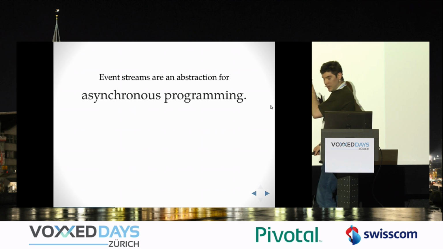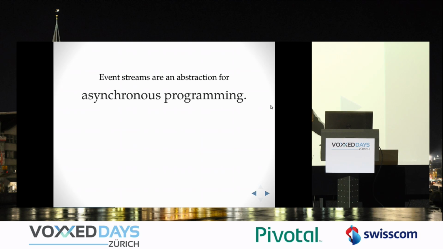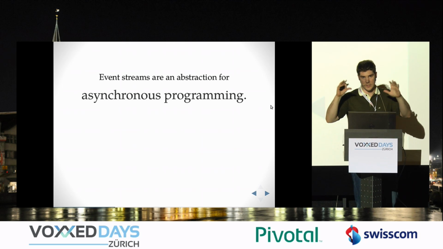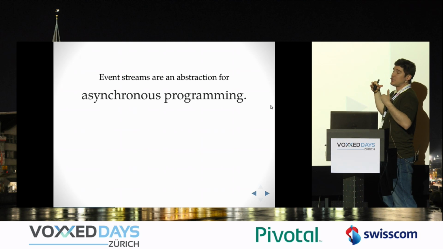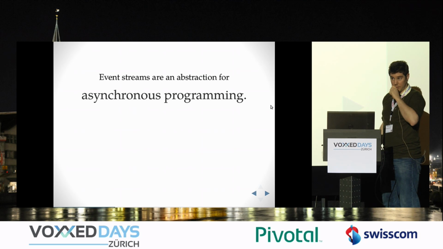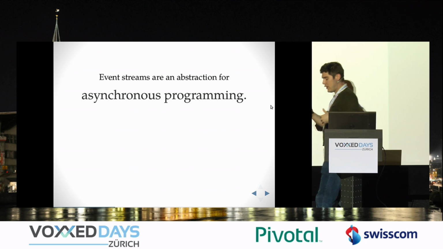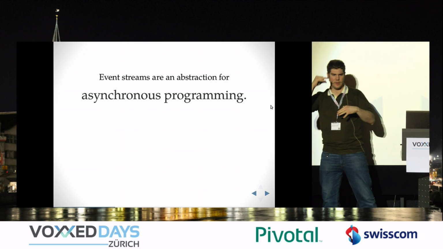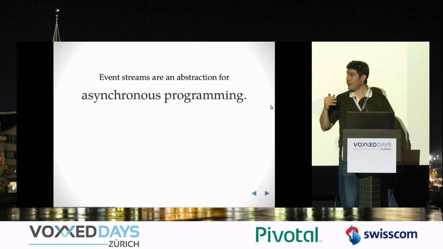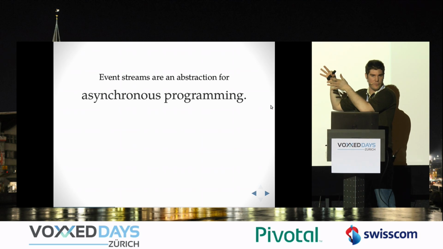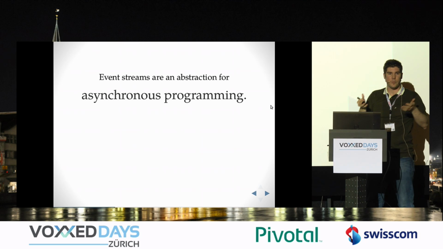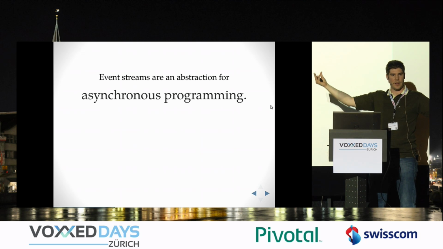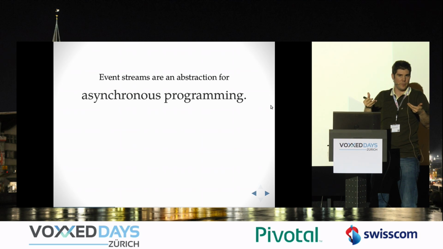What people often say is that event streams, which exist as a general concept in programming, are an abstraction for asynchronous programming. So you might ask yourself, okay, if the events need to serialize, if they have to happen one after the other, how is this an asynchronous programming framework? Asynchronous seems to somehow imply things can happen whenever, including at the same time, right?